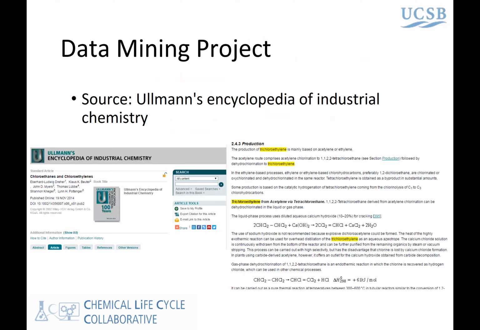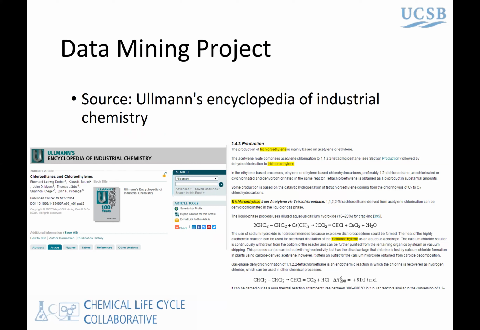We had this data mining project over this summer, where we had a lot of students working with us. We assigned some of the chemicals to our students, and they really helped us with data mining this chemical information. The data source that we are using is the Ullmann's Encyclopedia of Industrial Chemistry.